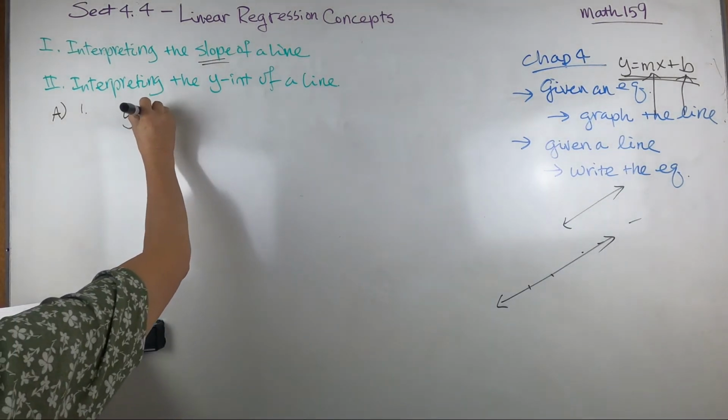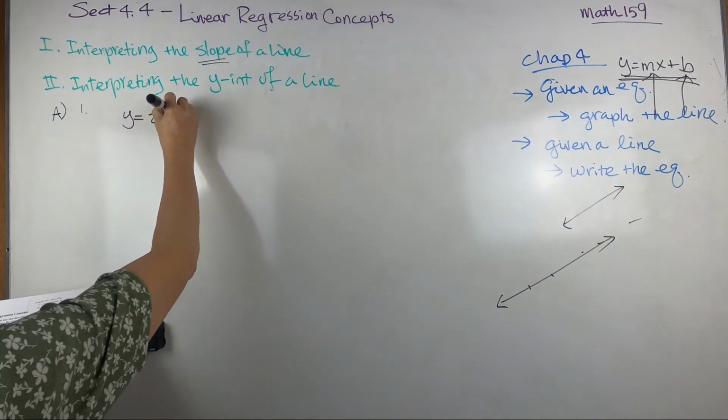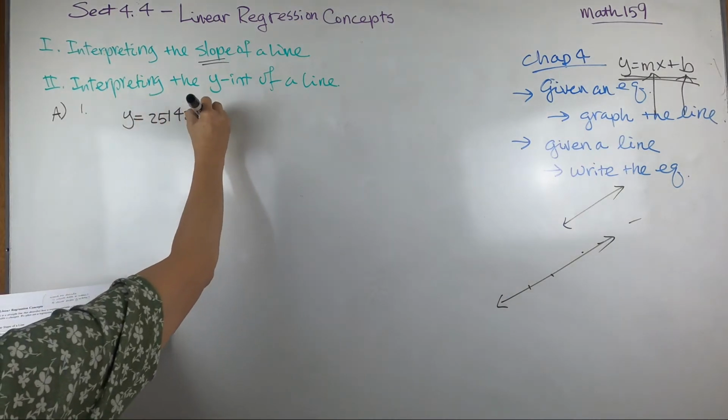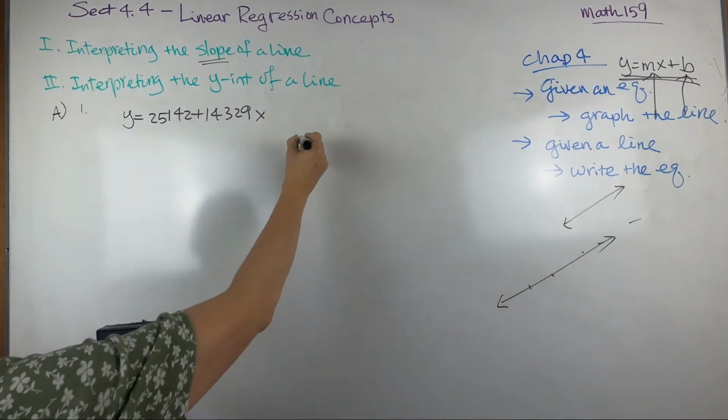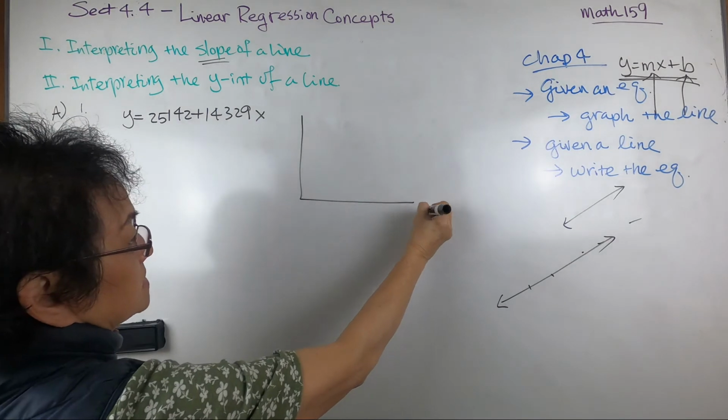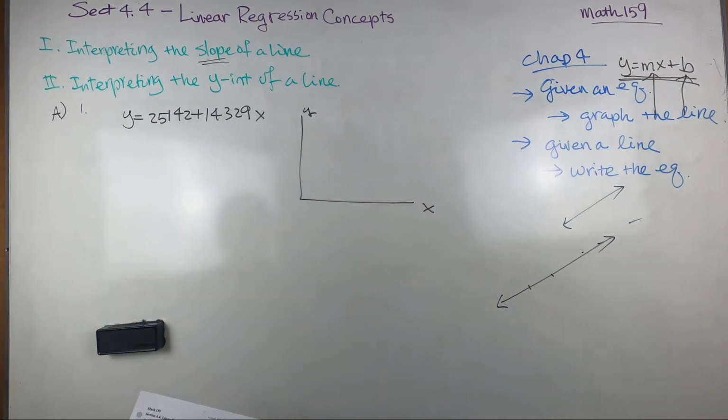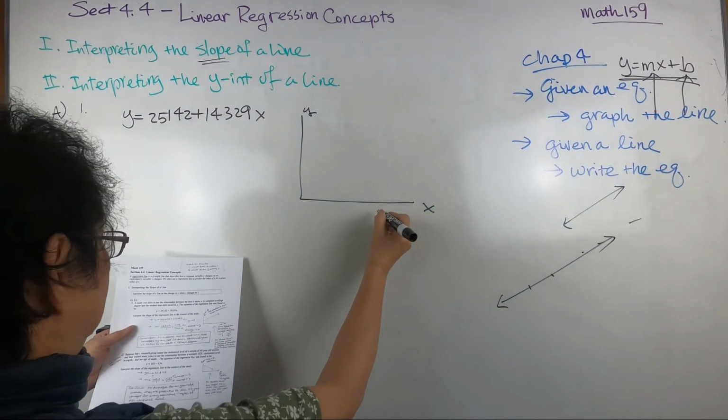So you will be given the regression line like this, and it has x and y. So you have x here, you have y here. What does x mean according to this question?